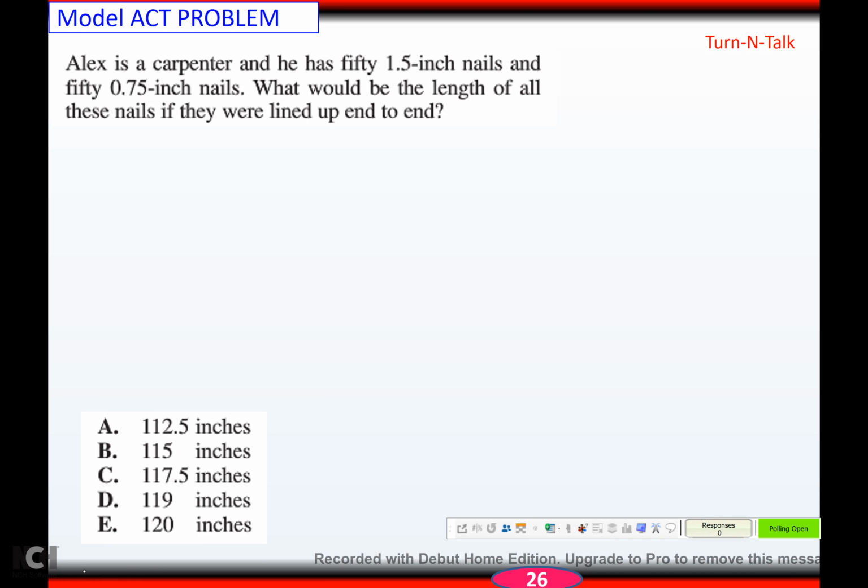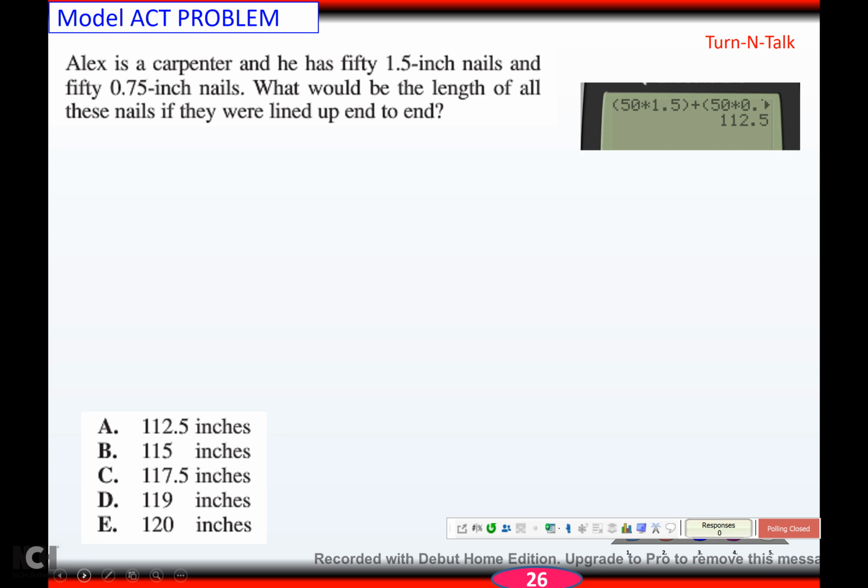Okay, try this one. Hit pause. Come back when you're ready. And it says Alex is a carpenter and he has 5 1.5-inch nails and 5 0.75-inch nails. What would be the length of all these nails if they were lined up end to end?